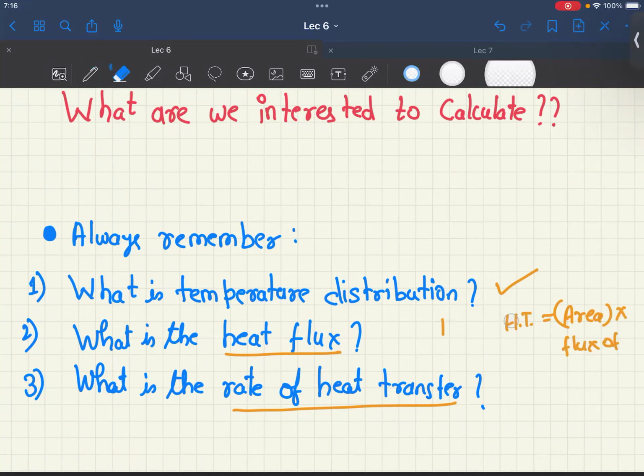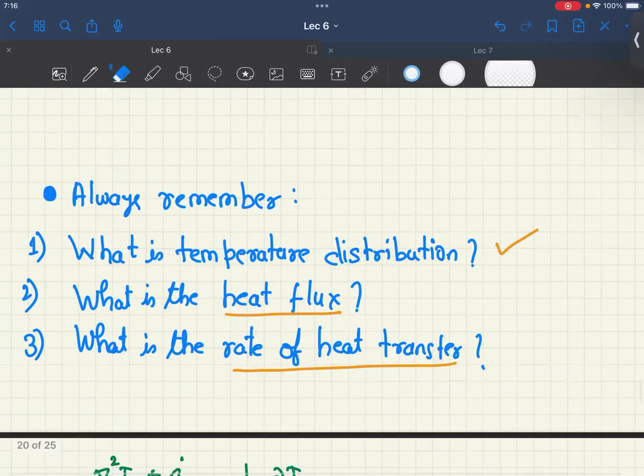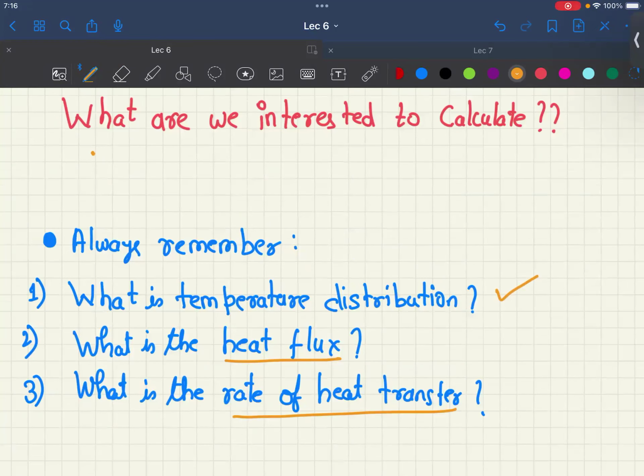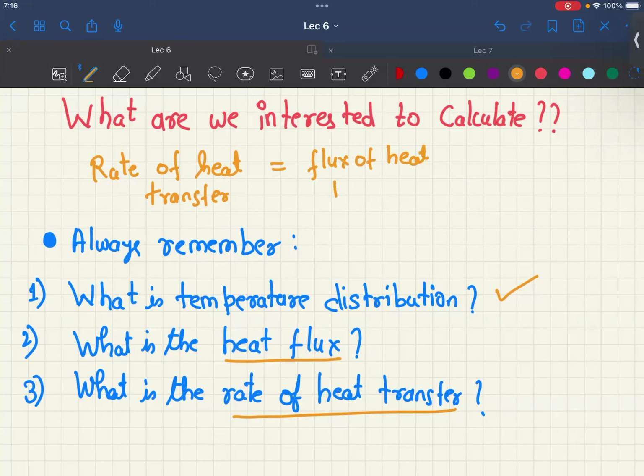Let me write it here: the rate of heat transfer is equal to the flux of heat transfer multiplied by the area of heat transfer, the cross sectional area.